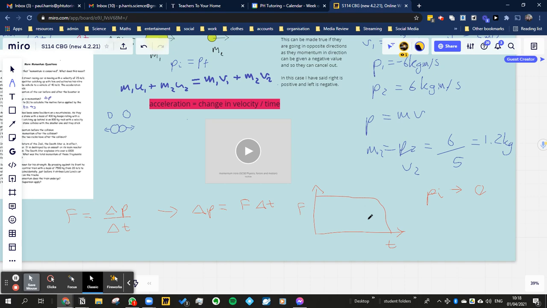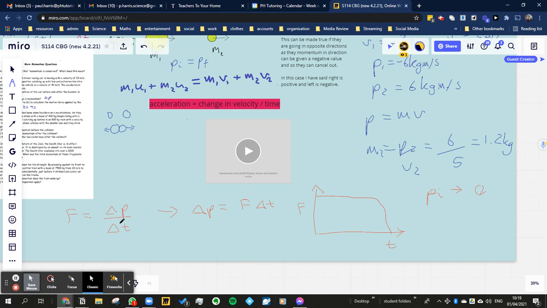Now, clearly, we can see from this diagram, from this equation over here, that if we extend the period of time of the collision, then we're going to reduce the force. In other words, the change in momentum is going to be constant because we're slowing something down to a stop.